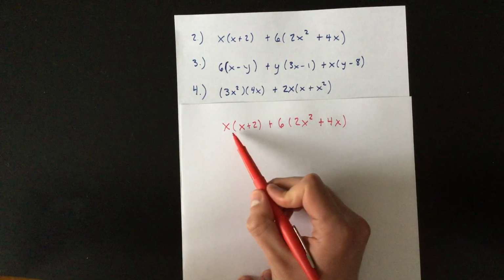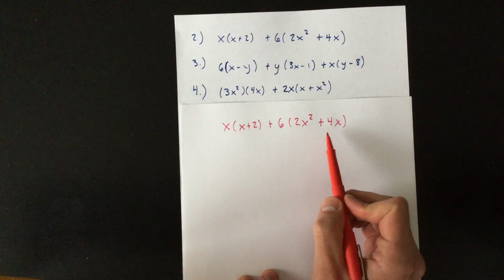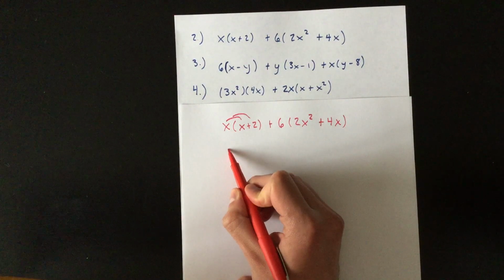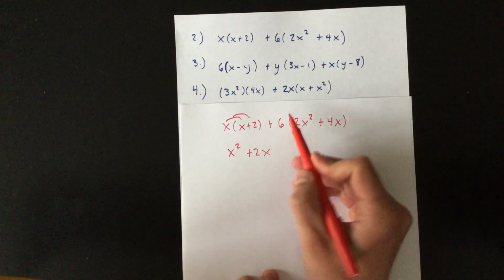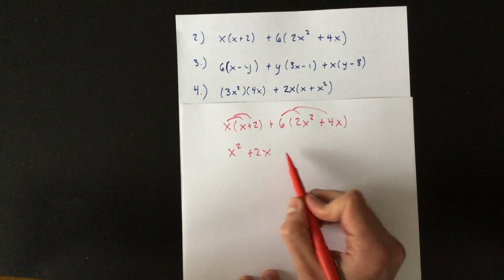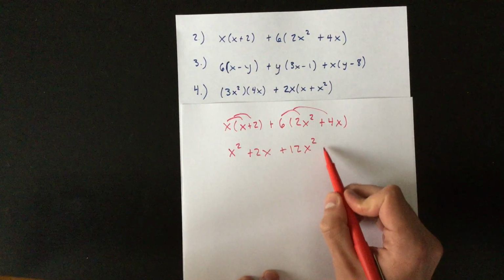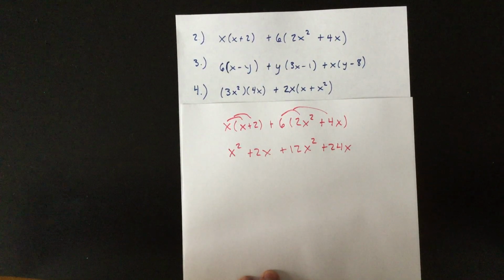I'll distribute the x into this sum here and the 6 into this sum here. So I'll have x squared plus 2x, and then here I'll have 12x squared plus 24x. And then at this point, I'm ready to combine like terms.